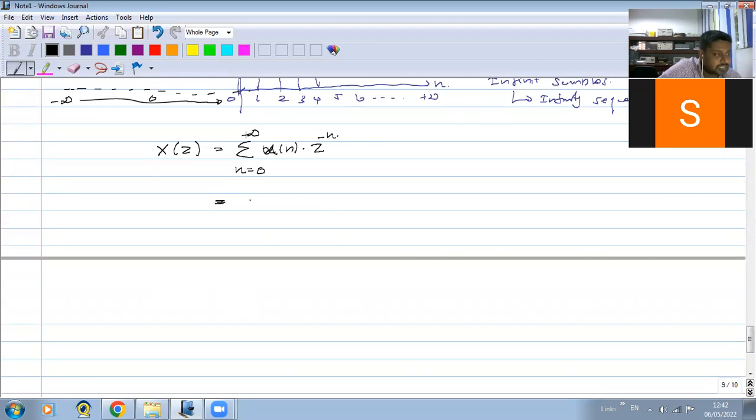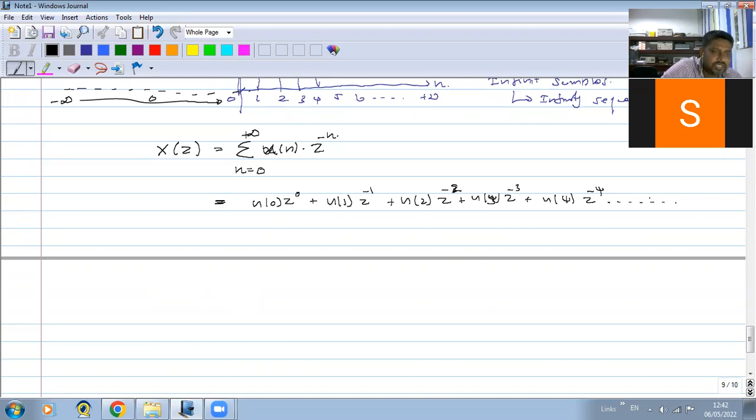If you expand this, you will get u0 z0 plus u1 z minus 1, u2 z minus 2, u3 z minus 3, u4 z minus 4, and so on up to infinity.